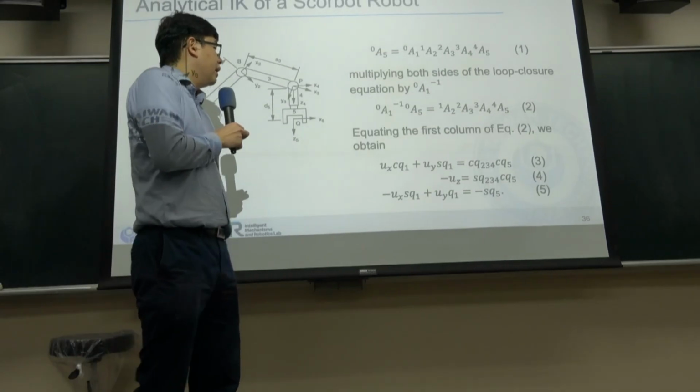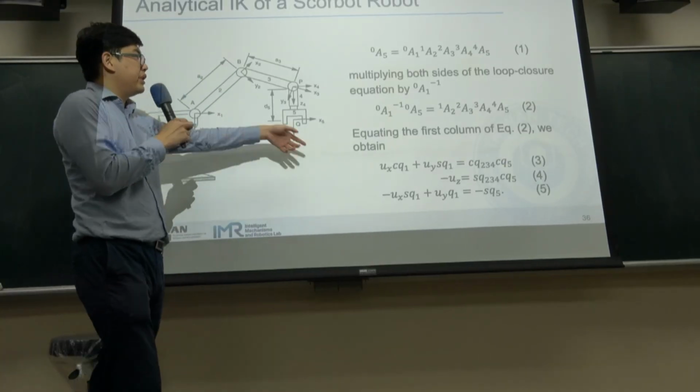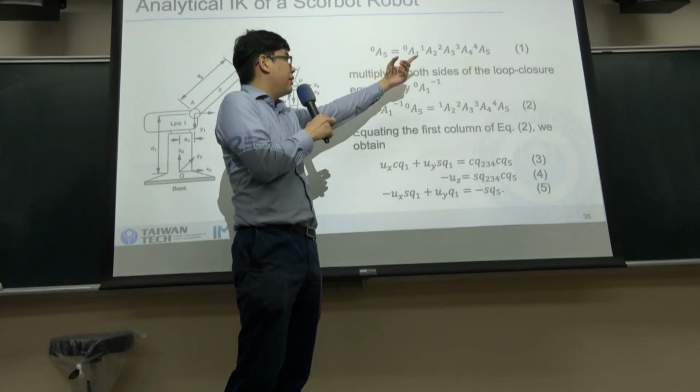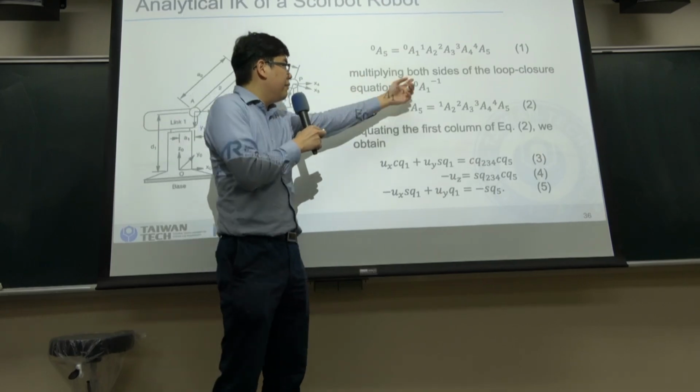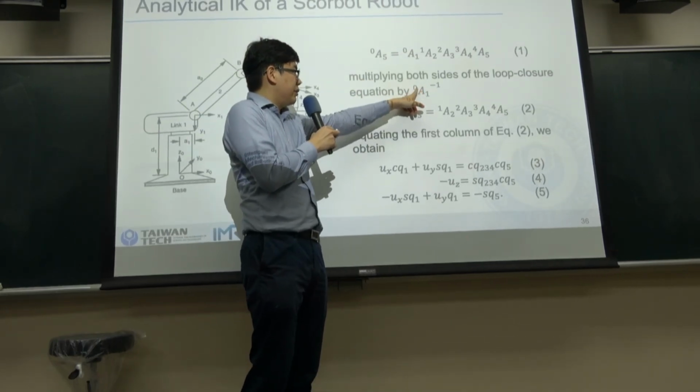The first thing we want to do is multiply both sides by the inverse of 0 to 1.